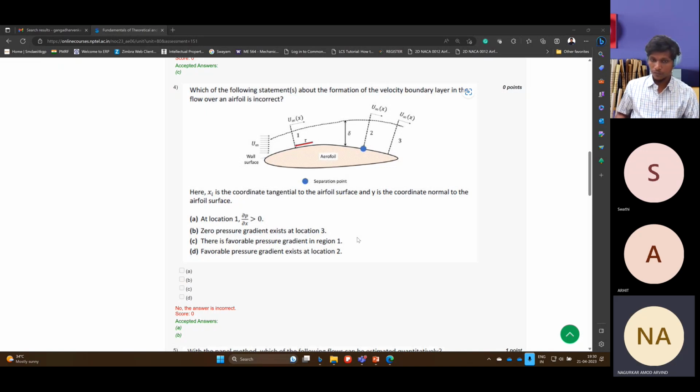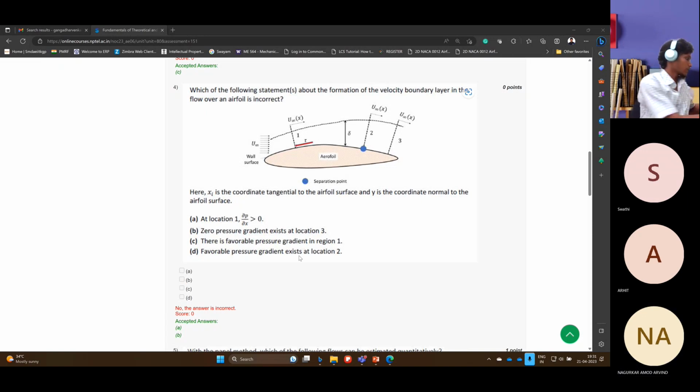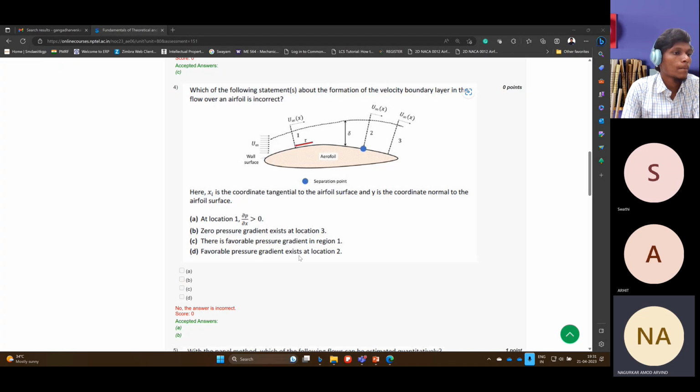One more, sir. Assignment number 6, question number 11. Determine the Mach number downstream of the normal shock if the upstream Mach number is 1.75. Assume gamma is equal to 1.39.